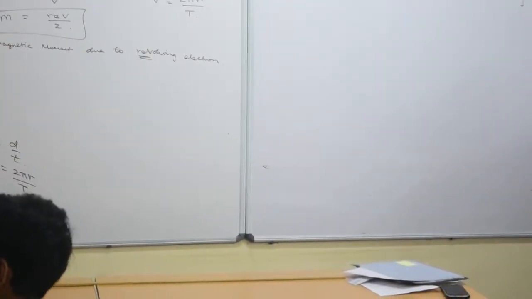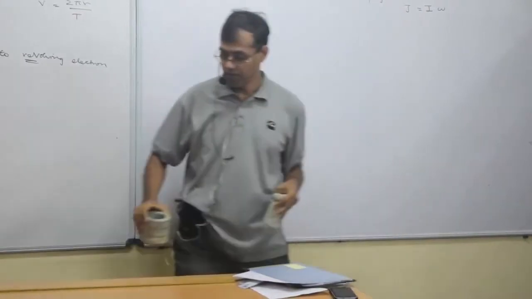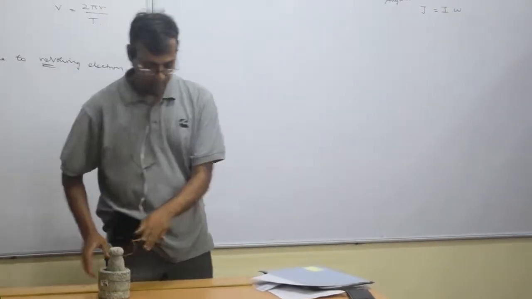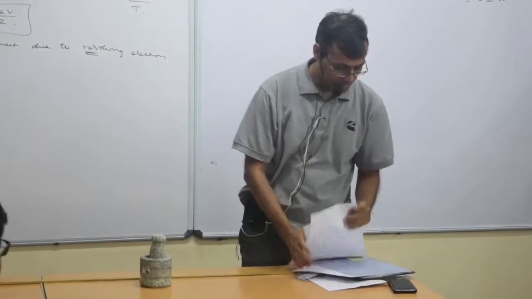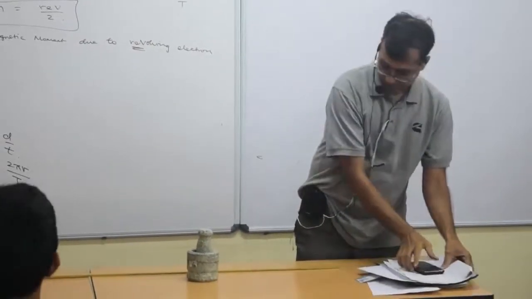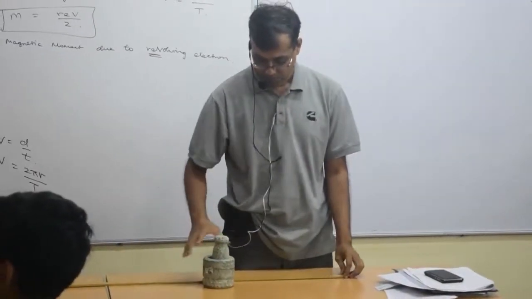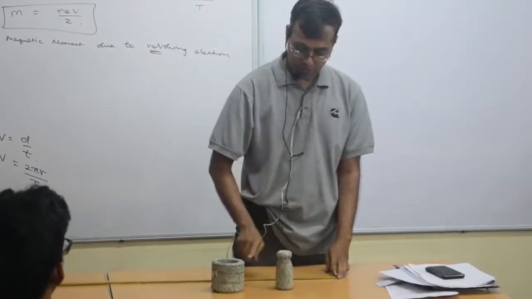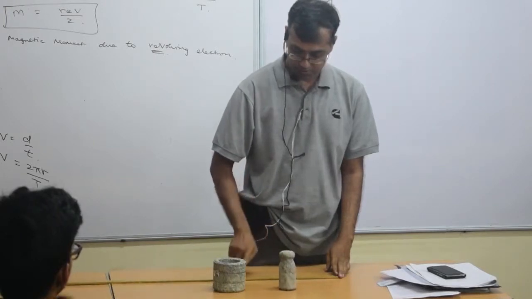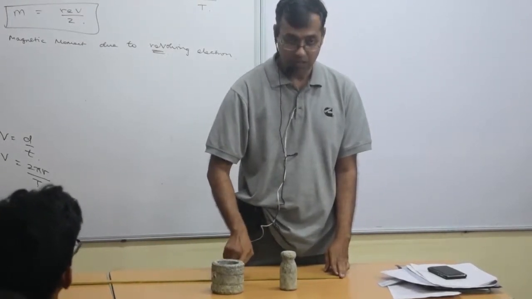So I have some heavy object here, right? It's almost like maybe 3 kgs or more than that. So carefully listen to this. If I want to push this, it's a little bit easier. But if I want to push this, it's a little bit harder, right?